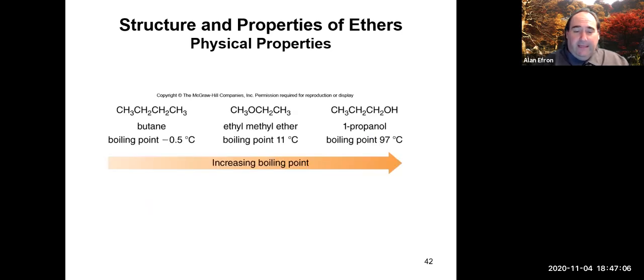When we talk about highest and lowest boiling points, we're really talking about the intermolecular forces between the molecules themselves. Butane and butane will use dispersion forces. Ethyl methyl ether will use dipole-dipole with itself, and 1-propanol will use hydrogen bonding with itself, and that creates the higher boiling points and melting points that we see.